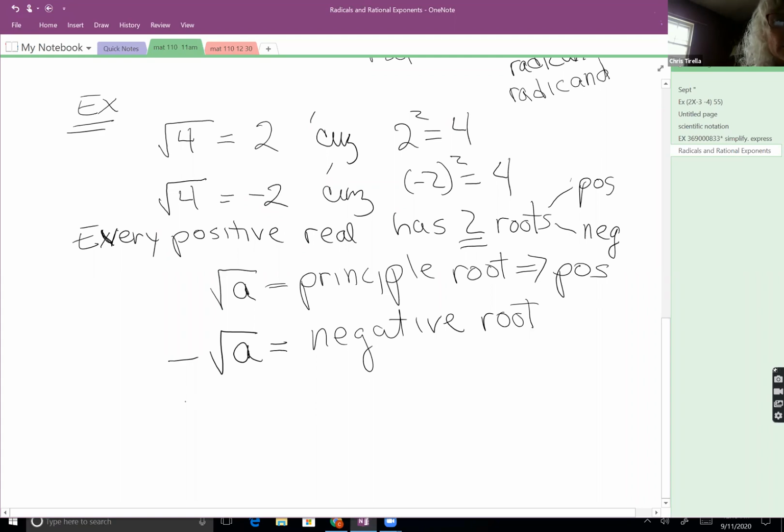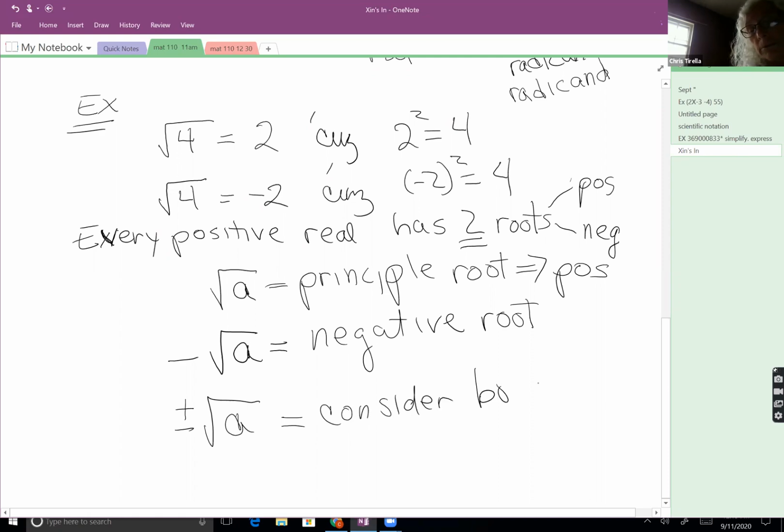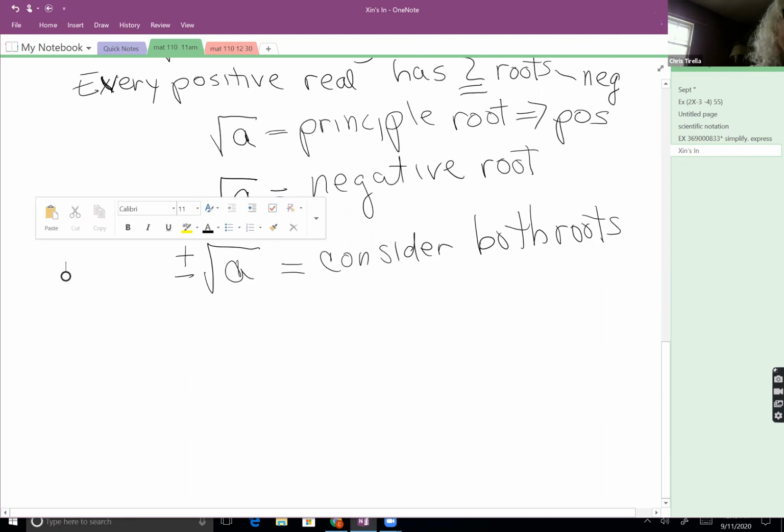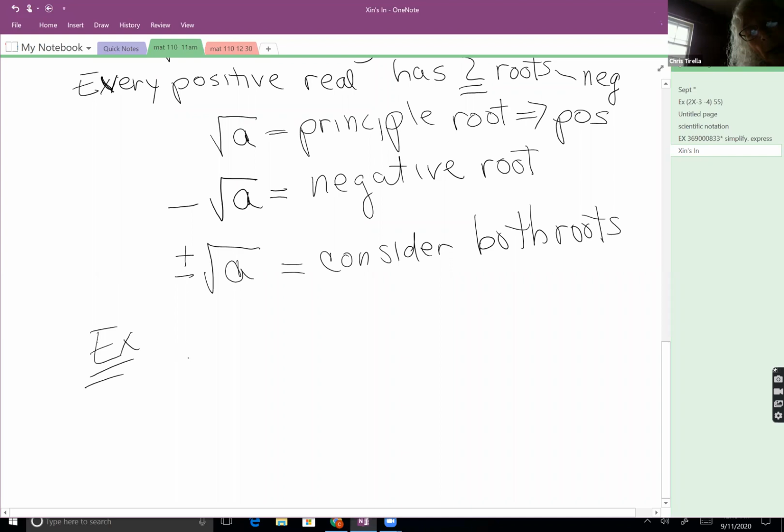And there's a symbol that looks like a plus sign kind of floating over a minus sign. Plus or minus the square root of A means I want to consider both roots. So for example, if I ask for plus or minus the square root of 36, it means I've got 2 answers. It's equal to 6 or -6.